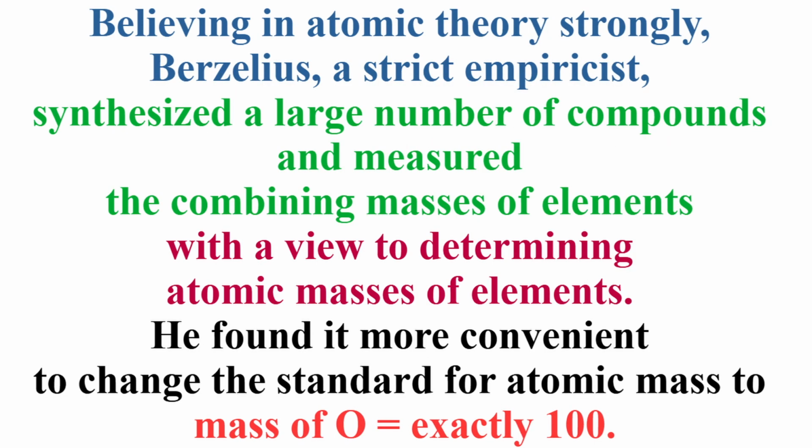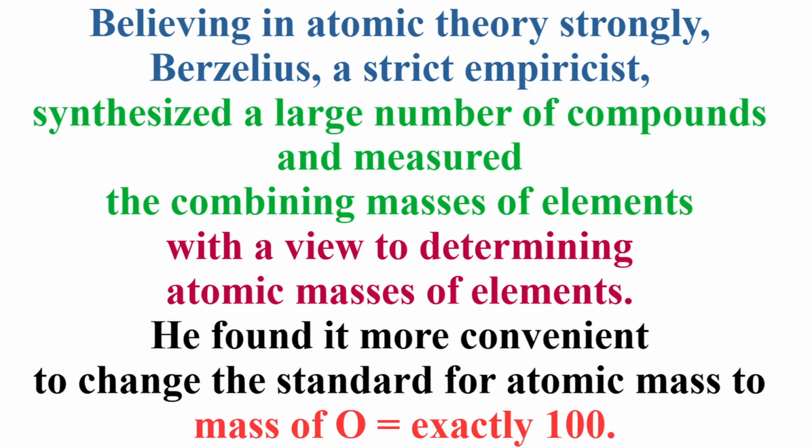As mentioned in part 2 of this video series, while discussing the law of constant composition, Berzelius, an avid experimental chemist known in Sweden as the father of chemistry, synthesized a large number of compounds and published a table of constant composition of nearly 2000 compounds in 1818.